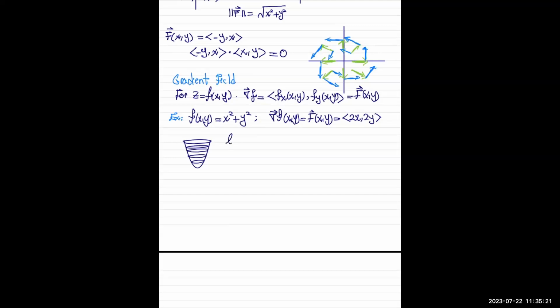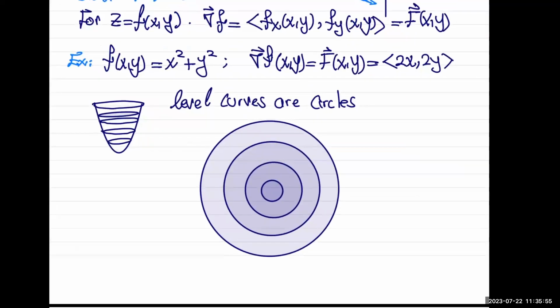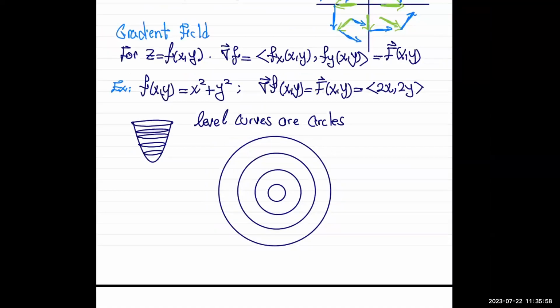The level curves are circles. Let's just draw some of these level curves in 2D. So looking from above, if you have drawn the level curves on the paraboloid, this is what you see. I am going to get rid of the shade.